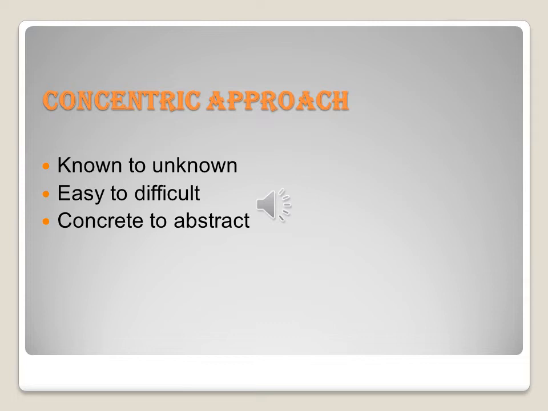The second one is easy to difficult. Here the children are given tasks which are easy for them to learn. Then gradually the difficulty level increases. So it goes from easy level to difficult level. And the third one is concrete to abstract. What is concrete?